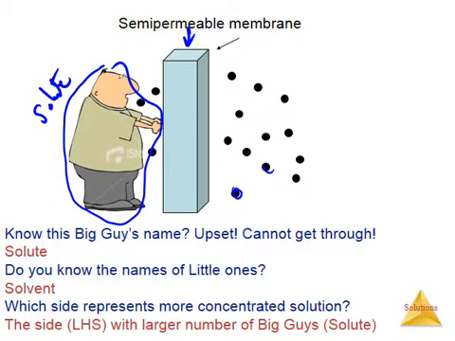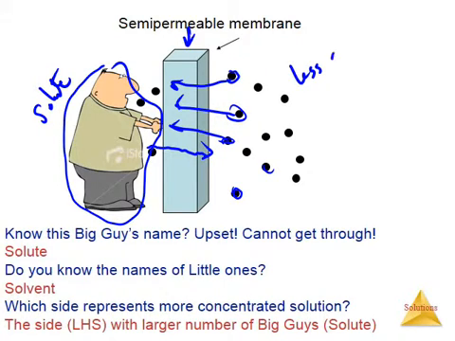Imagine each of these solutes is like a big guy, and they're pushing this membrane along this direction. As this membrane pushes along this direction, the little water molecules along the way would pass through it. So from these simple hypothetical experiments, we can tell that solvent molecules, in this case water molecules, would pass from the less concentrated side, which is this, to the left hand side, which is more concentrated.